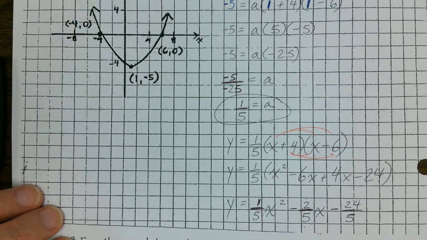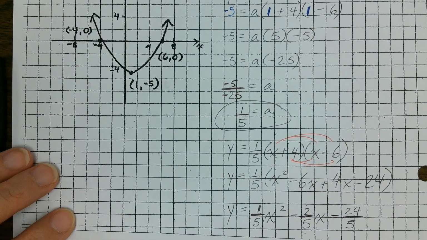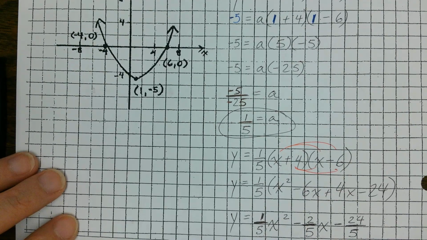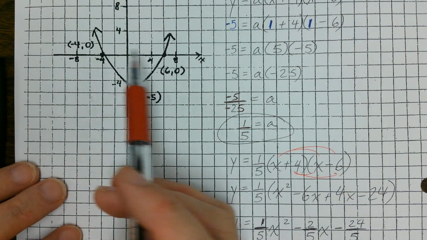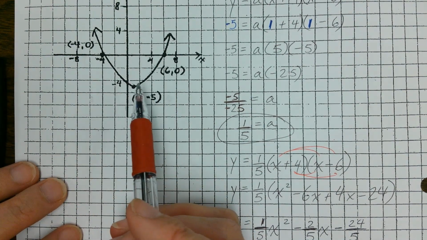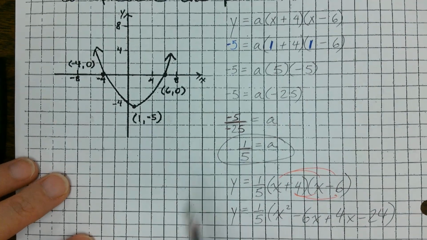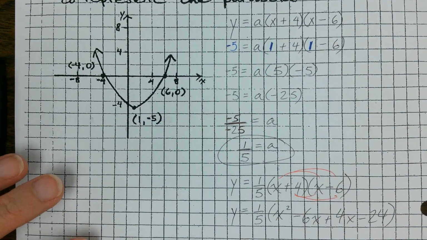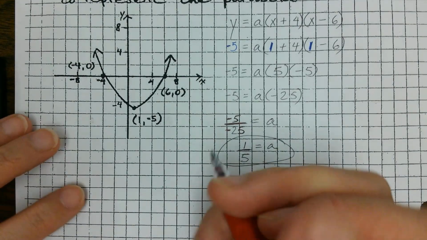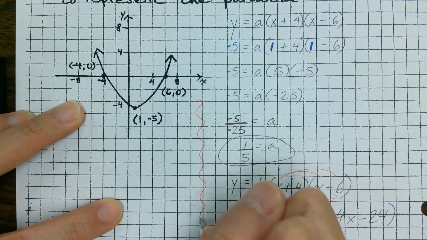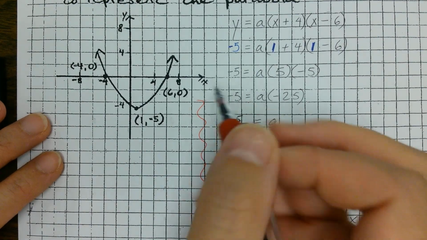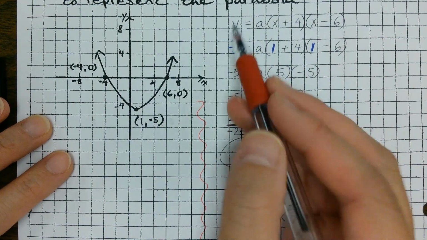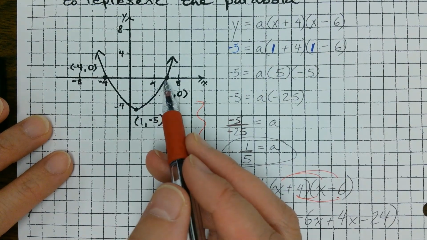Now, there were two methods I could have used to solve this. Because I was given the x-intercepts and the vertex, I had a choice. And I want to make sure you guys know how to do both ways as well. So I want to show a second method. Okay. So here, this side I did using the x-intercepts.